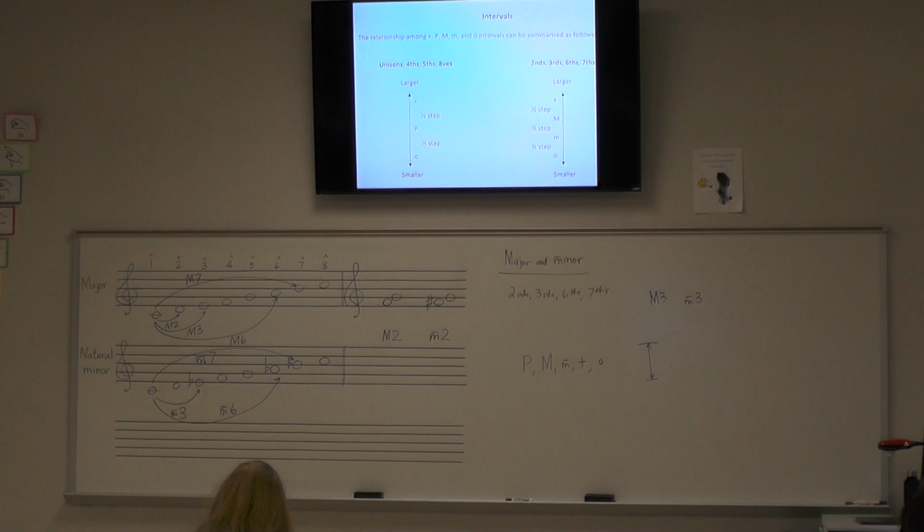To me, it's kind of like an elevator. Perfect intervals are the main floor of your elevator. You can either go up 1 floor or go down 1 floor into the basement. But over here with seconds, thirds, sixths, and sevenths, you have the major interval on 1 floor, and the minor interval right below it, and then there are floors even above and even below that.